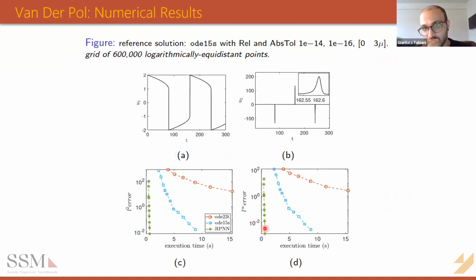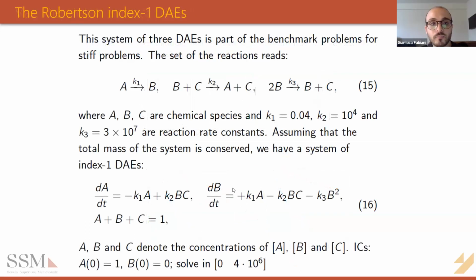So for the van der Pol that I introduced before, we get a very good solution. In green, we have the random projection that outperforms in convergence ode15s and ode23t. Then we have this Robertson index 1 problem that is a chemical reaction problem.